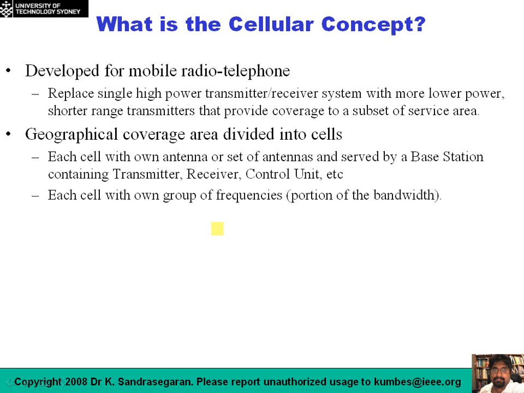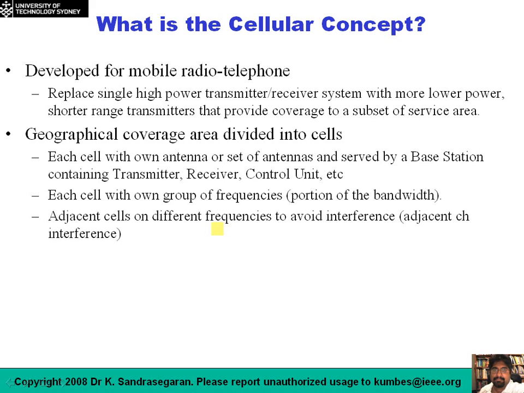Each cell was also allocated not the complete bandwidth that was available, but a portion of the bandwidth. So each cell was allocated a group of frequencies, and one of the things that we had to make sure of, because remember we are taking our entire coverage area and dividing it into smaller cells, was that adjacent cells use different frequencies, because if they use the same frequency, you will have interference between them.